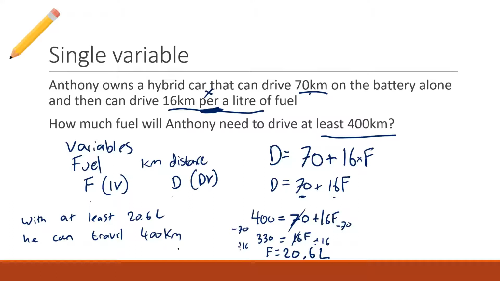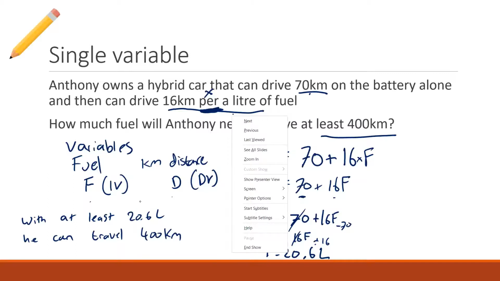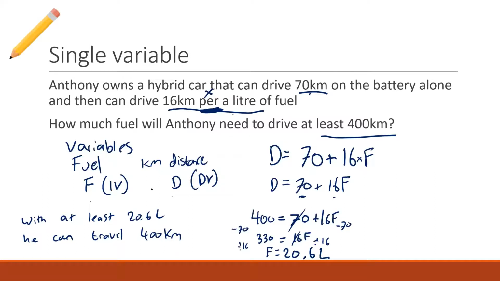Let's break this down step by step one more time. First, we underlined the key ideas. Second, we created variables. Usually you want to figure out which variable is the one we can change, the amount of fuel, and which one gets changed because of that, the distance that we travel.